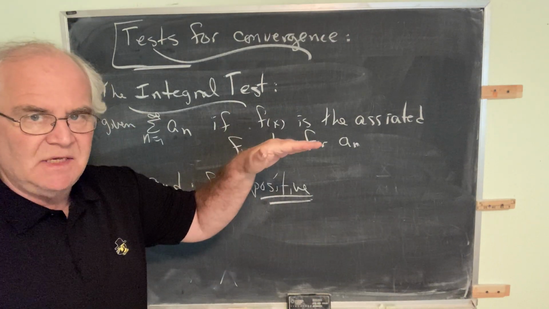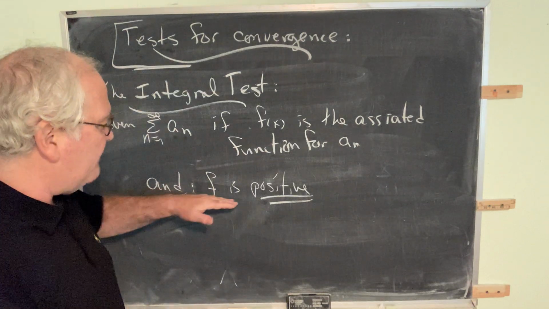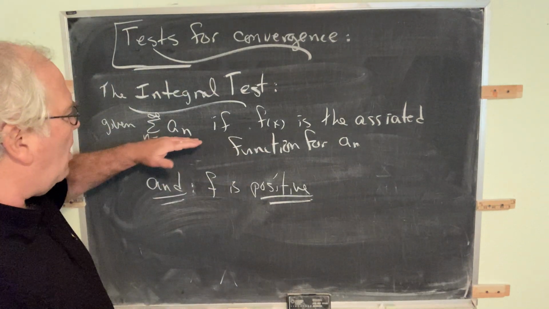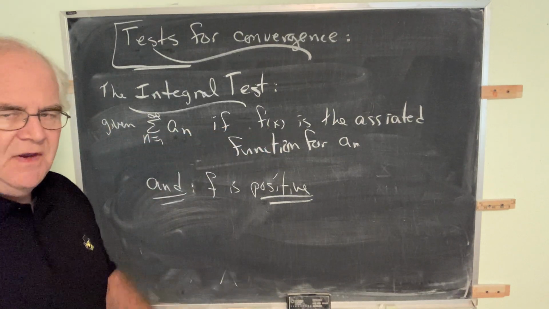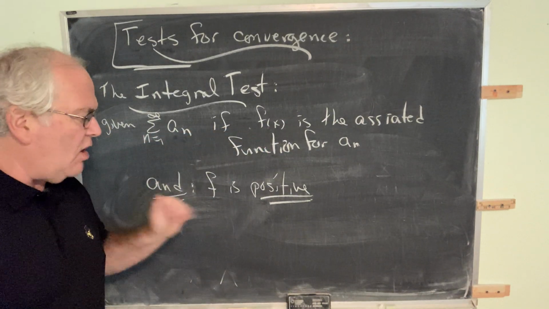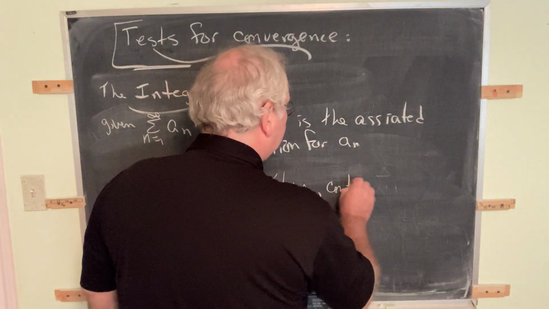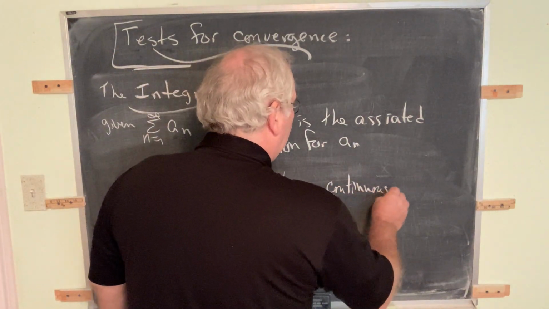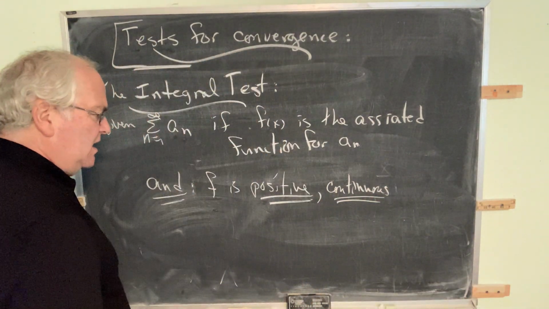Zero is not a positive number. Zero is neither positive nor negative. So when we say f is positive, what that means is all the terms of the series and all the values of the function, nothing can be negative, nothing can be zero. They're all positive values. F is positive, continuous, and for our purposes, that condition will be met.